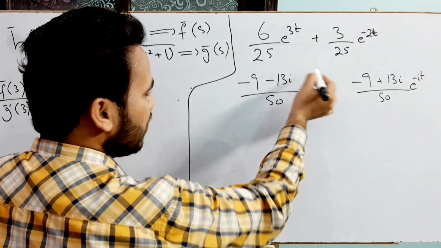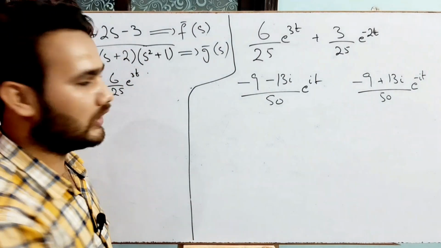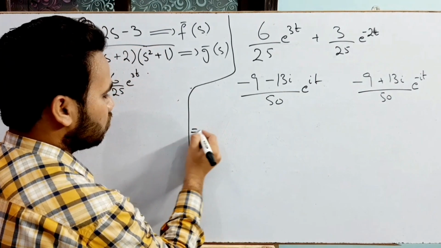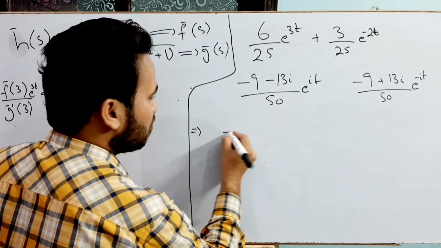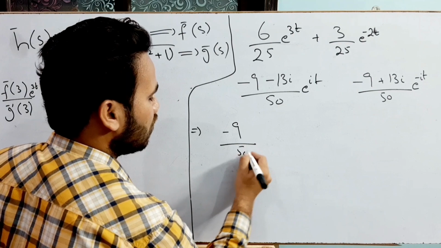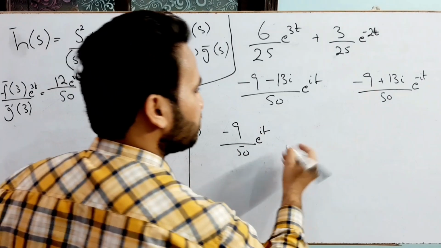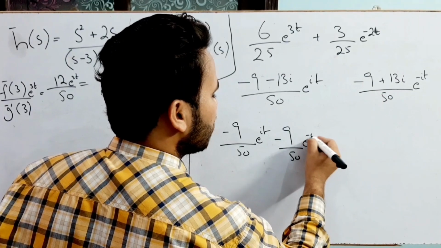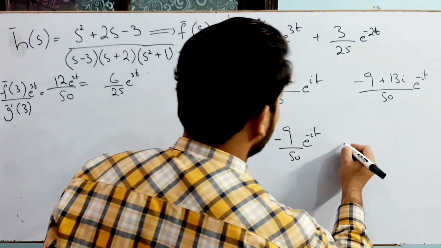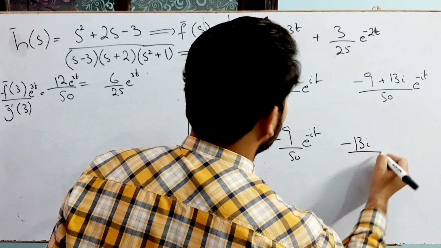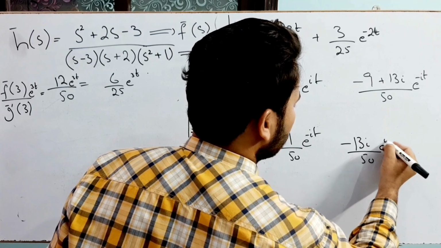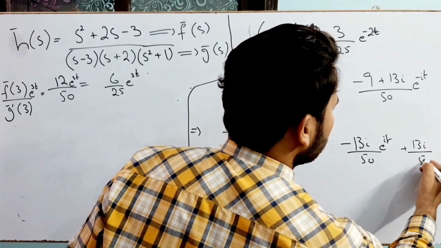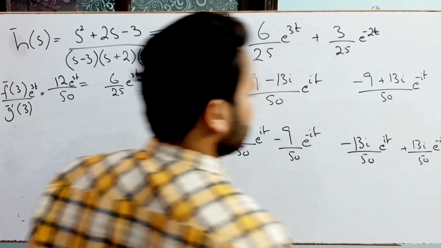Now, for a real solution, we can change these two terms into sine or cosine. We have minus 9 over 50 e power iota t, minus 9 over 50 e power minus iota t, and minus 13 iota over 50 e power iota t plus 13 iota over 50 e power minus iota t.